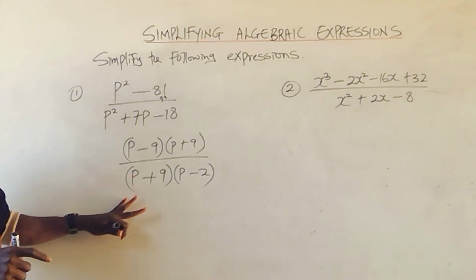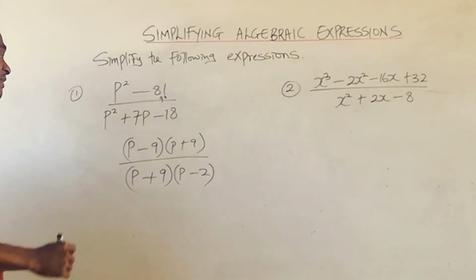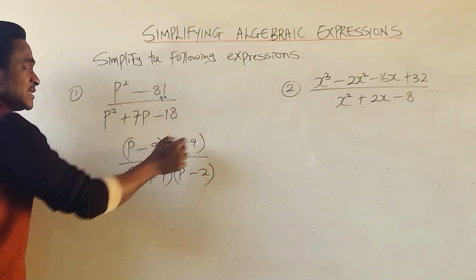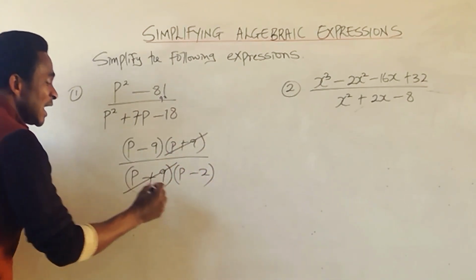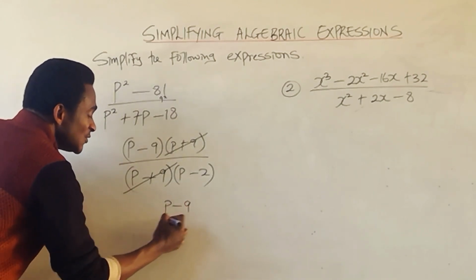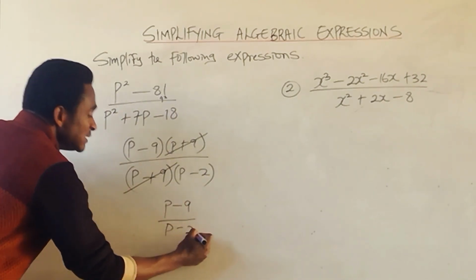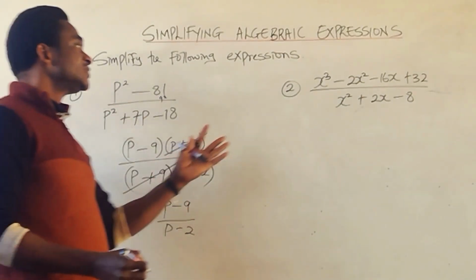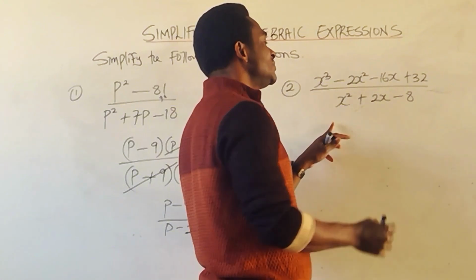So this is fully factorized. When we are done, the next thing we do is to look out for what we can cancel out. These brackets can cancel these brackets, and then whatever we have left, we write it down, and we have simplified the expression. Likewise, on this other side, we have the numerator and the denominator.